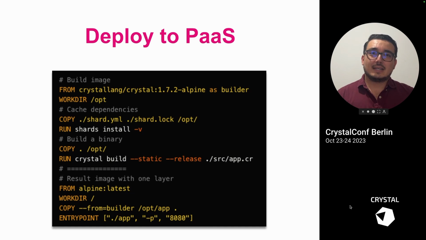I have my Crystal web server deployed to a platform as a service. I am currently using DigitalOcean, but any platform as a service solution out there that supports Docker would probably work for this.